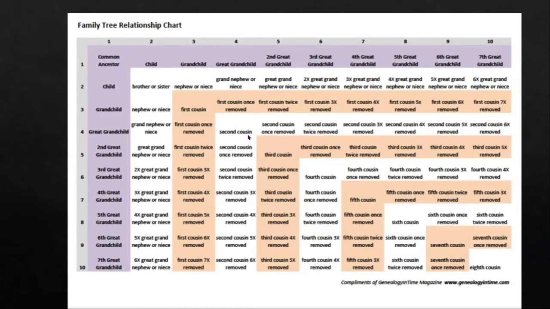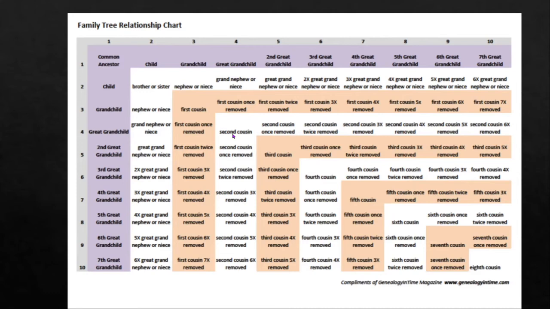So if they're a second cousin, and there's no removal, and they're right about it being second cousin, because sometimes people get confused. So my grand aunt Jeanette, her son Bill is a first cousin once removed, right? If they are in fact second cousins, then they are great-grandchildren of someone.